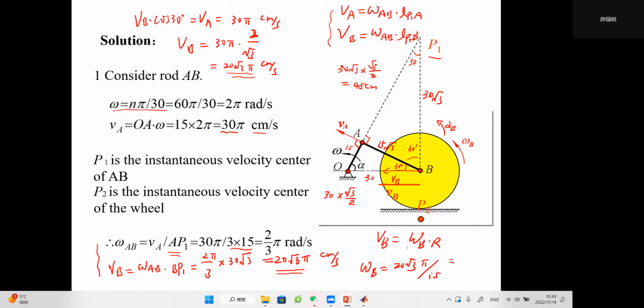So we can find, we eliminate the units, omega B will be 4 radians per second. I hope you guys can understand this. So I will change to another. So you will find VB is actually 20 square root 3 pi centimeters per second, just the same as we have calculated by ourselves, right?